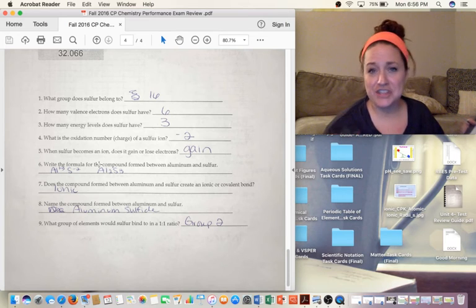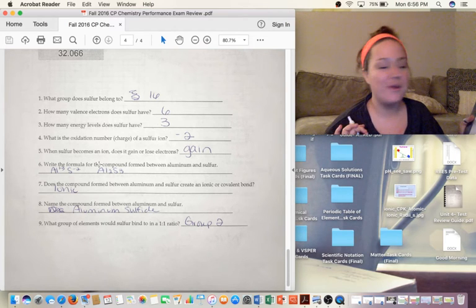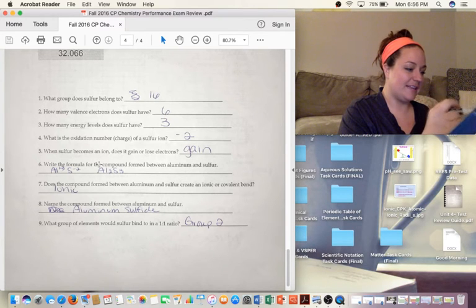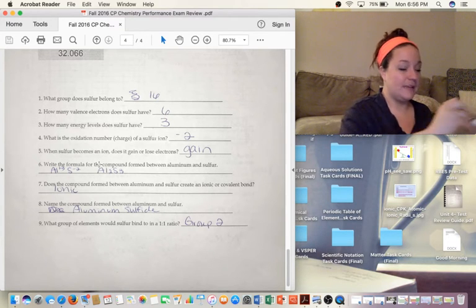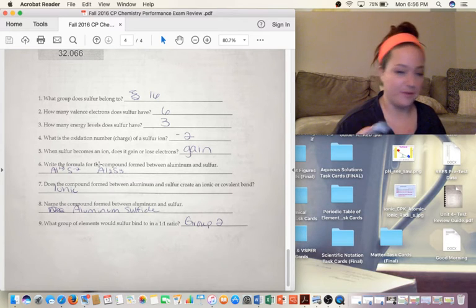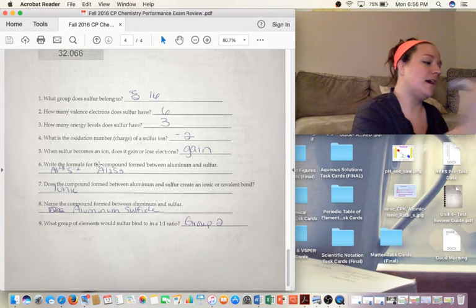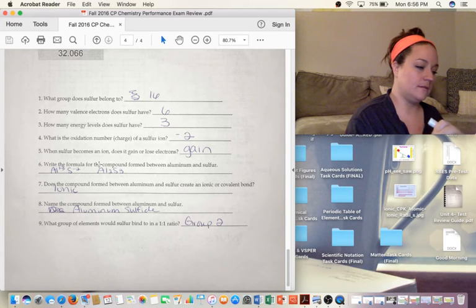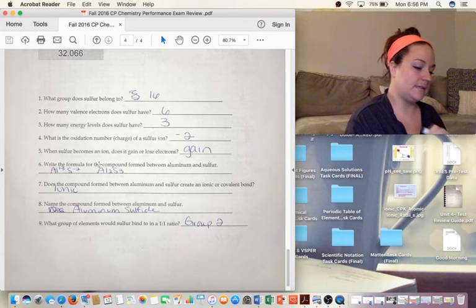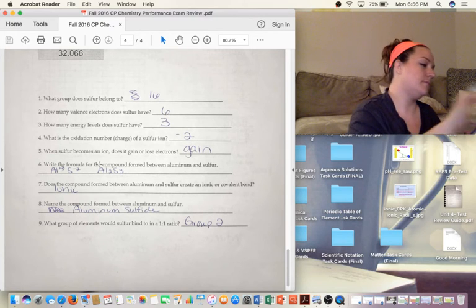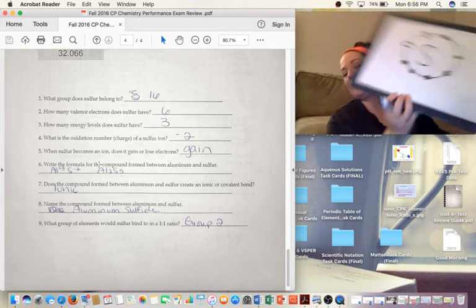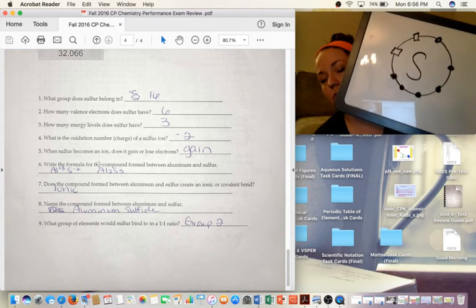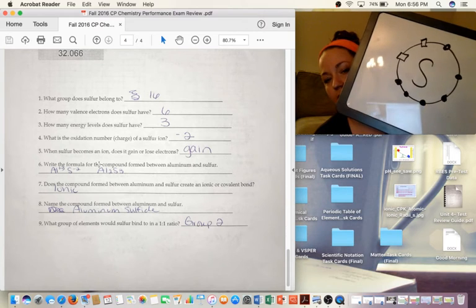Again, I know I'm drawing out a Bohr's model for just valence electrons, so I can explain things. I did not draw out the whole Bohr's model. So if he has 6 valence electrons, that means that sulfur wants 2 more to come to him for him to be full.